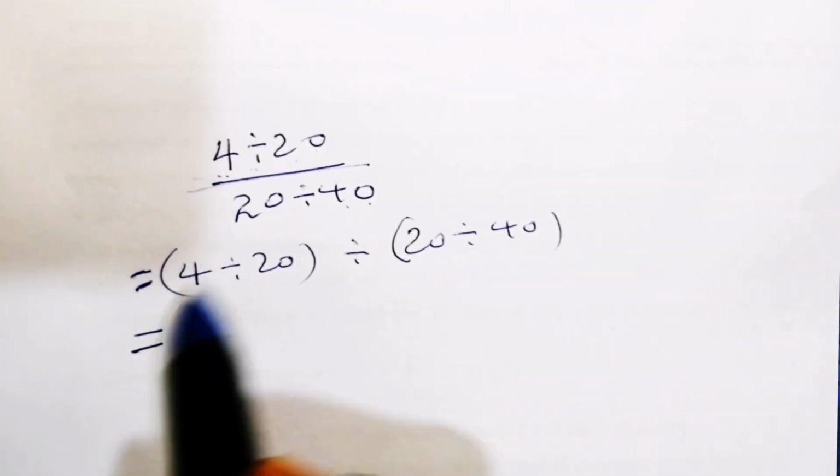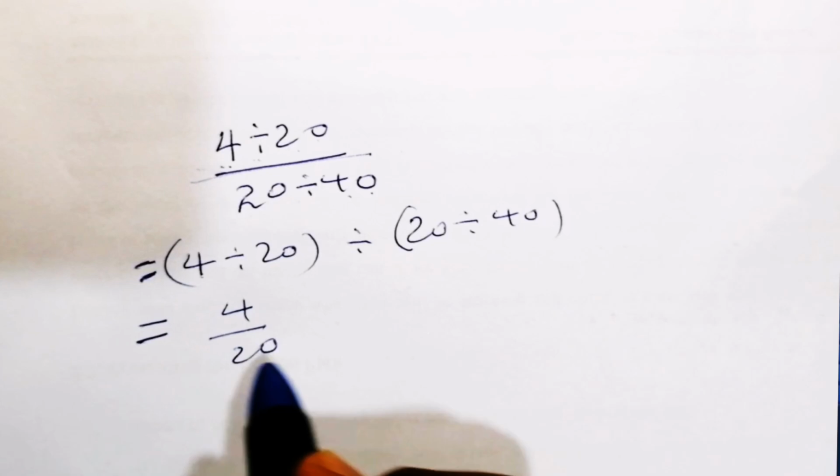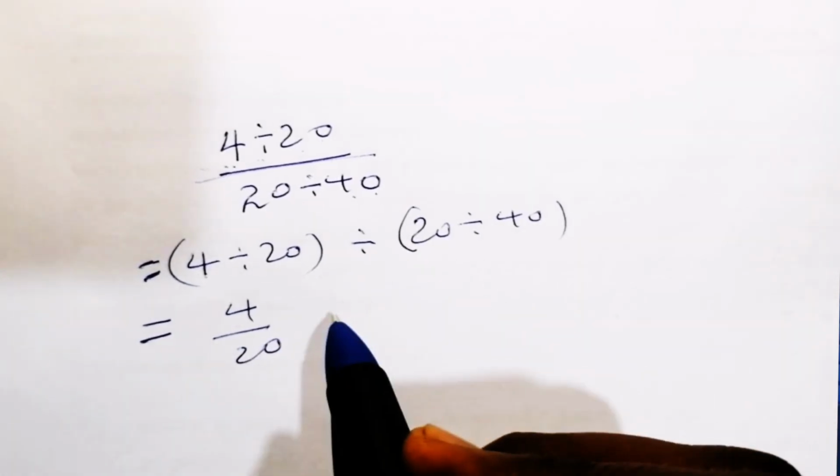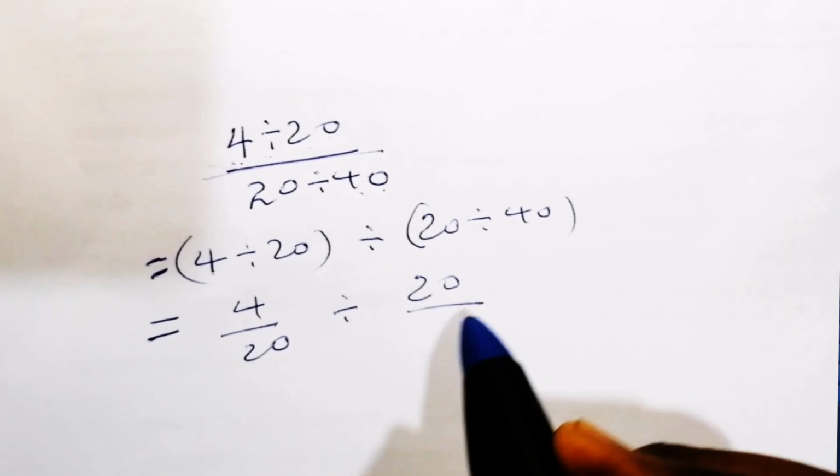So here 4 divided by 20 means 4 over 20. Okay, then divided by 20 over 40.